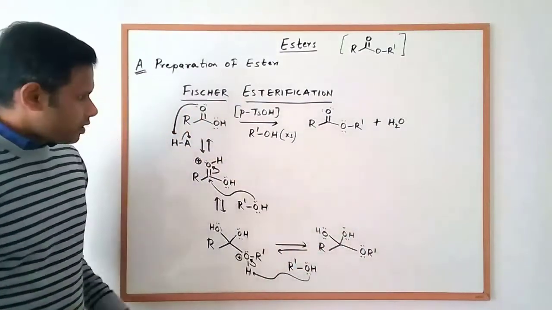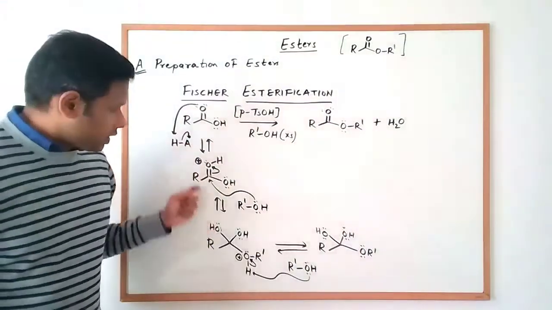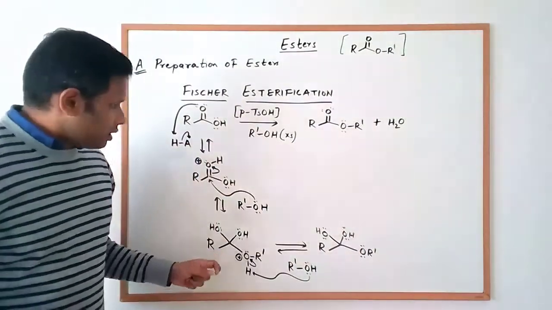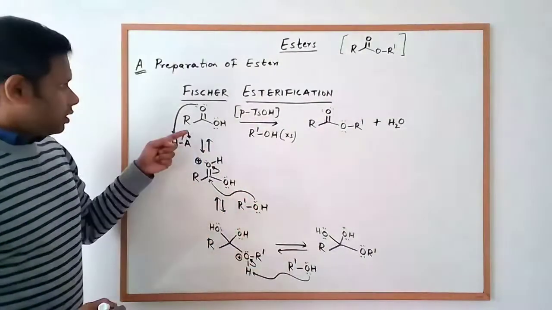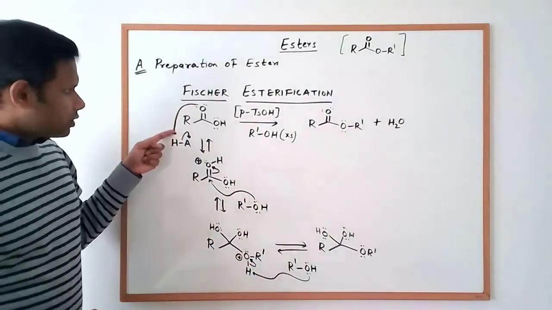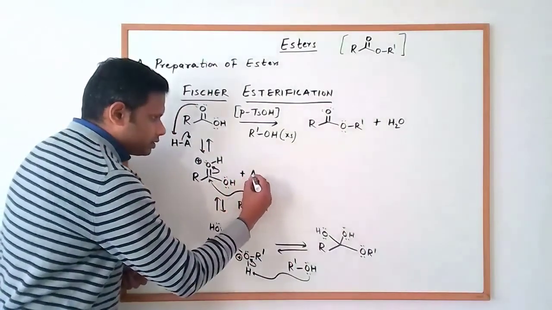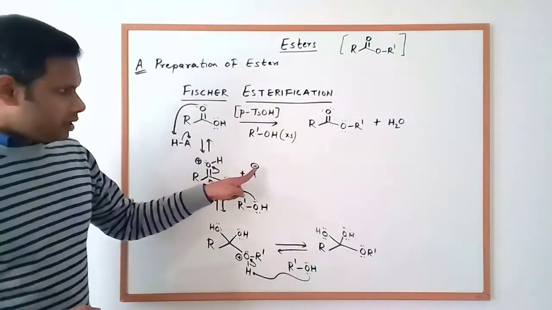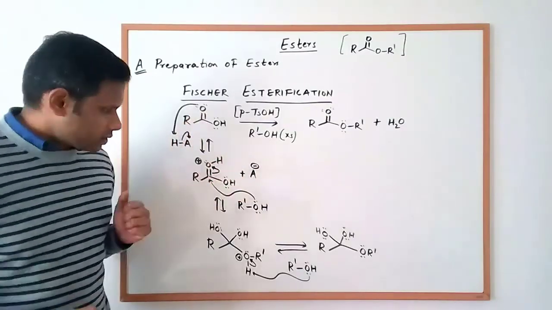Now also notice that I'm drawing each step as a reversible step, because if you think about it, each of these steps is reversible. We are protonating the acyl oxygen in the first step, but we will make A minus along with it. The A minus can go ahead and deprotonate, and it will bring us back to the carboxylic acid.